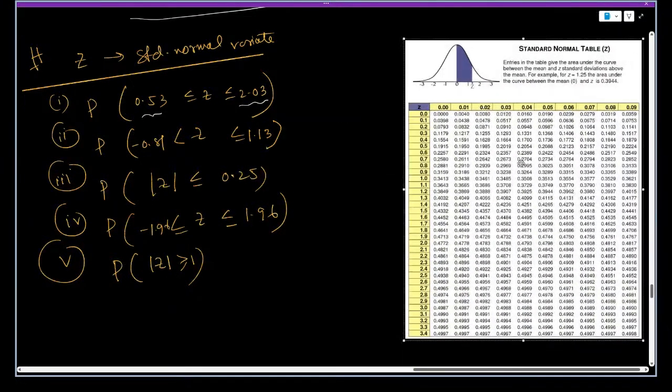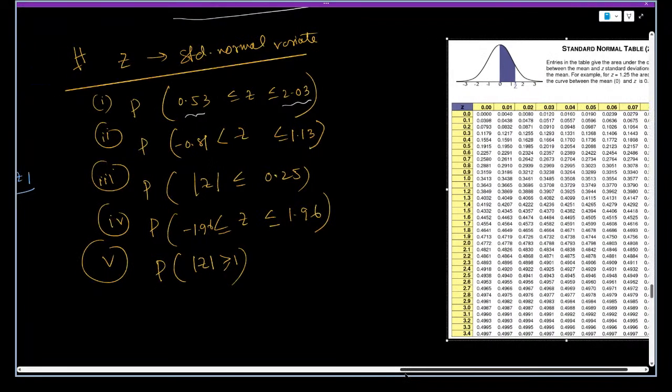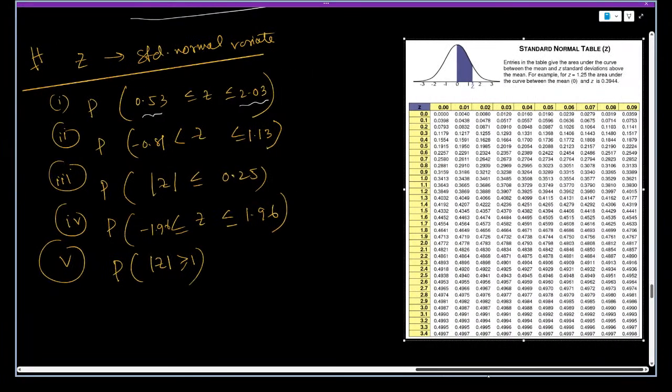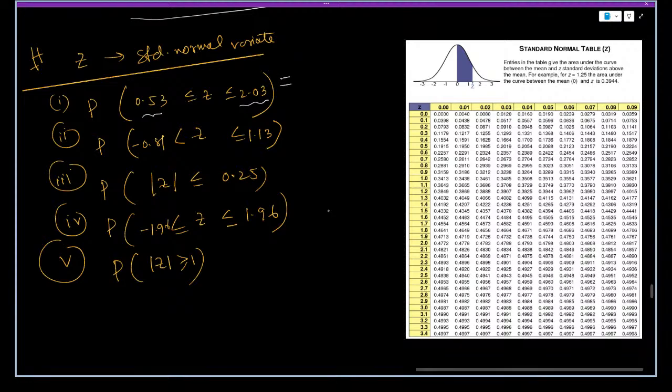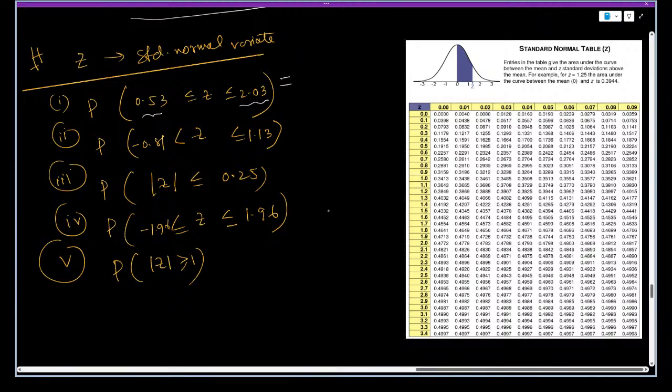Wait a minute, I just shift a bit. So this you write up to 2.03, whatever the value. From there, 0.53 you subtract. Something like this, in the standard normal curve, it's like this.